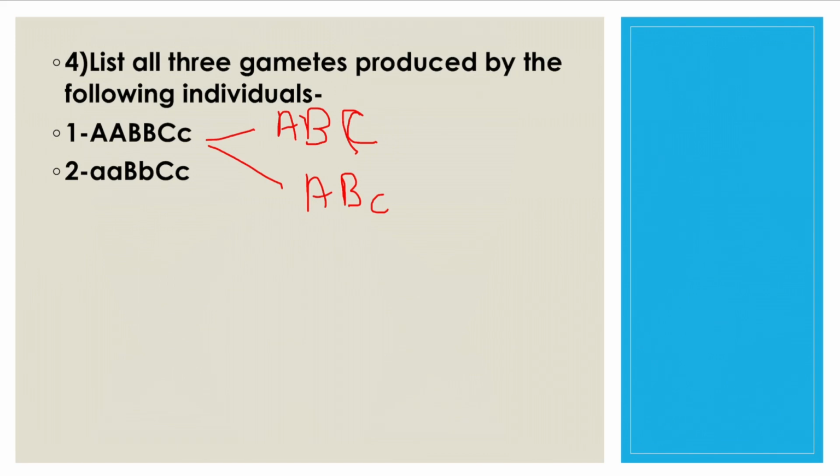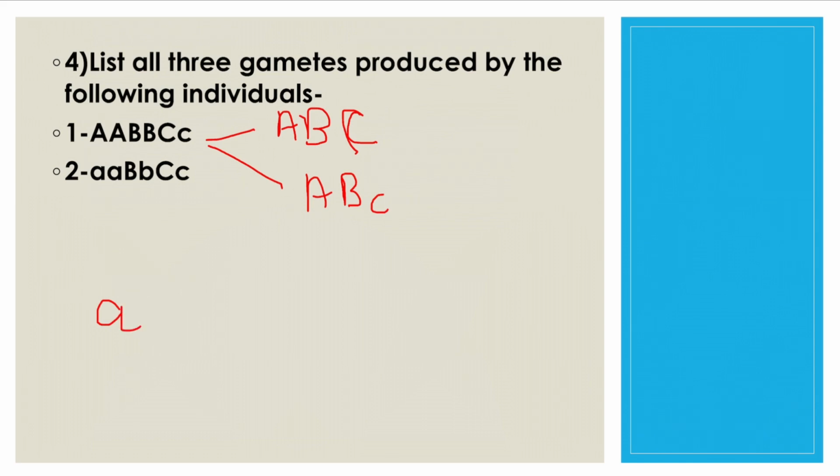And the other individual is small a, BB and CC. It will form, see how many kinds of gametes. Let's try to understand how we form gametes in this type of situation. You have to write it like this.